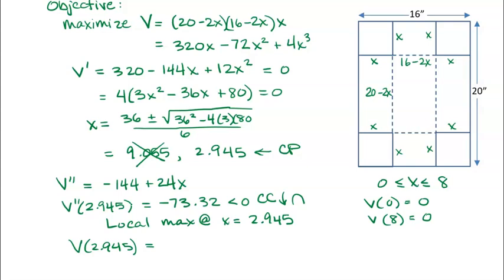And so if I plug that into my original equation, I go back up here into 20 minus 2 times 2.945, and then take 16 minus 2 times 2.945, and then take that whole thing times 2.945.